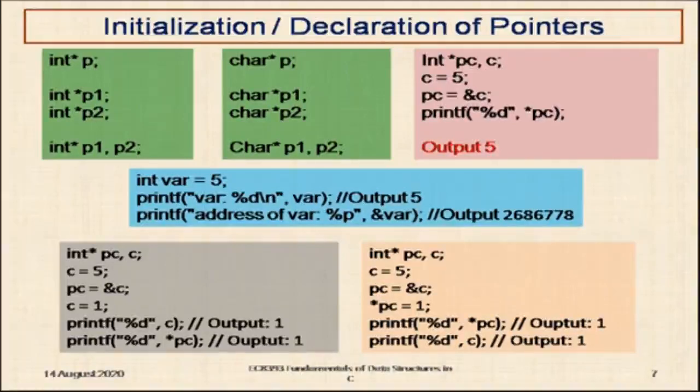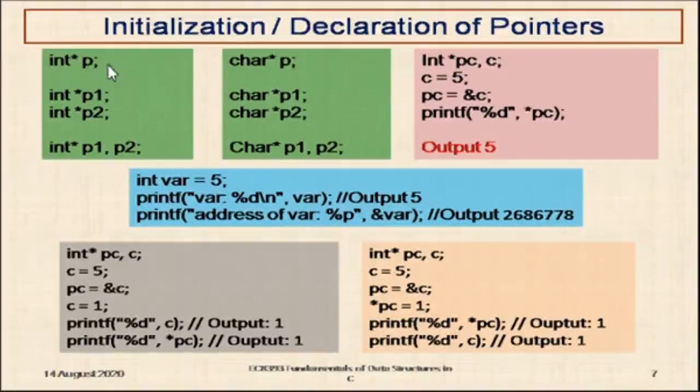And here are some of the methods by which we can declare the variable, and also we can print the value by using the variable, or we can print the value by using the pointer. See the first one, int star space p.